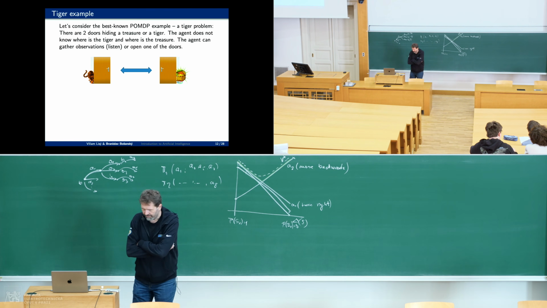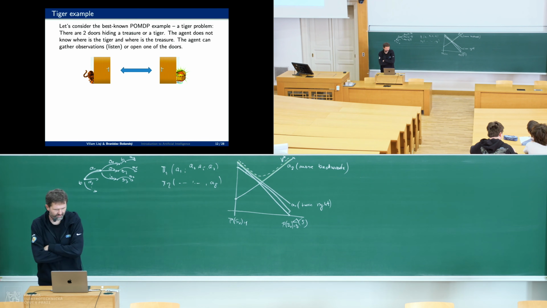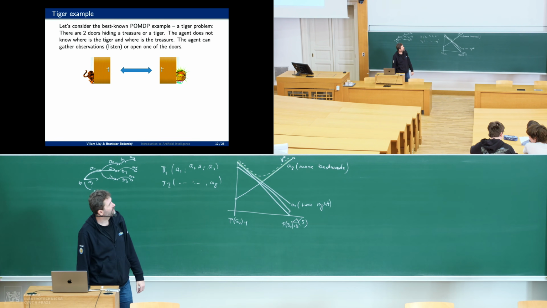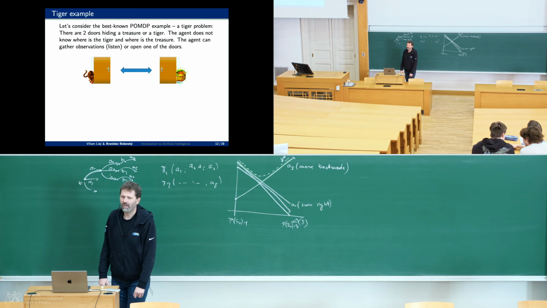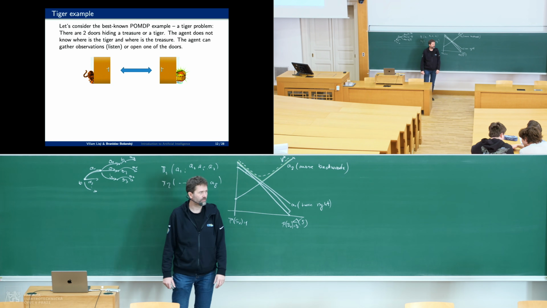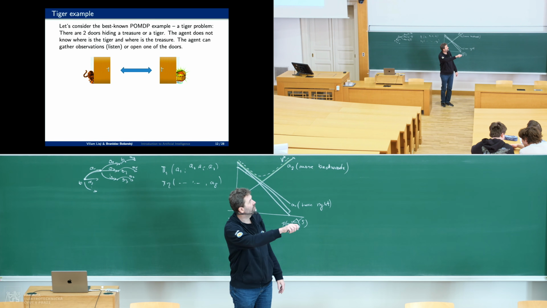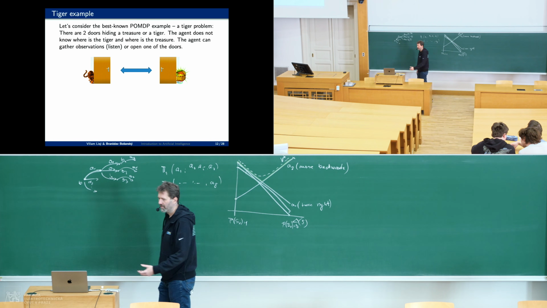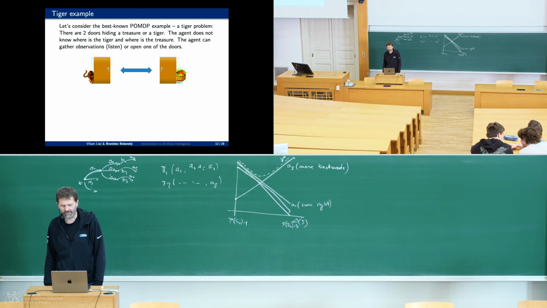So let's have this very simple game, a contest where someone wants to find the treasure behind one of the closed doors. Behind one door there is a treasure, and behind the second one there is a tiger. And of course, we want to find the treasure, and we don't want to find the tiger.